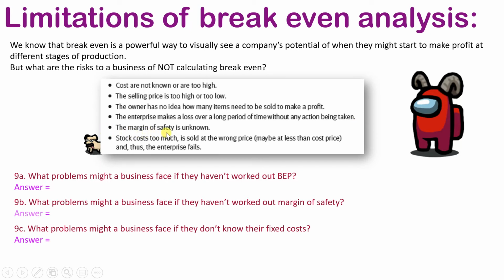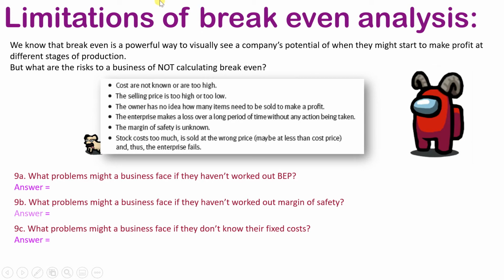The margin of safety is not known, so they didn't have a buffer in order to start making the right decisions. And the last point, stock costs too much, so they didn't actually look at any supply of raw materials, and they might even be selling at the wrong price, maybe selling at less than cost price, so they're selling at a loss, and therefore the enterprise or company fails.